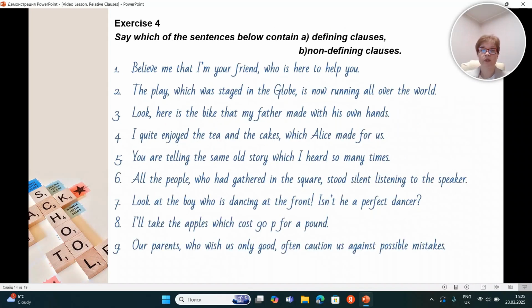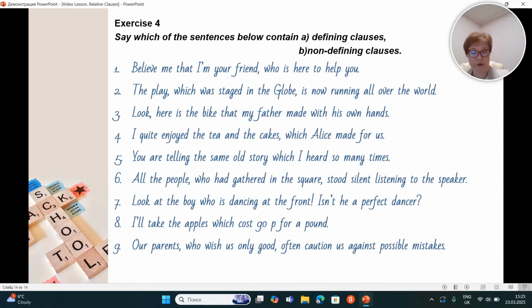This time, you will have to say which of the sentences below contain defining clauses or non-defining clauses. Read carefully and try to understand. Then after that, match please A or B. If you need some more time, take your time, just pause the video as usual.